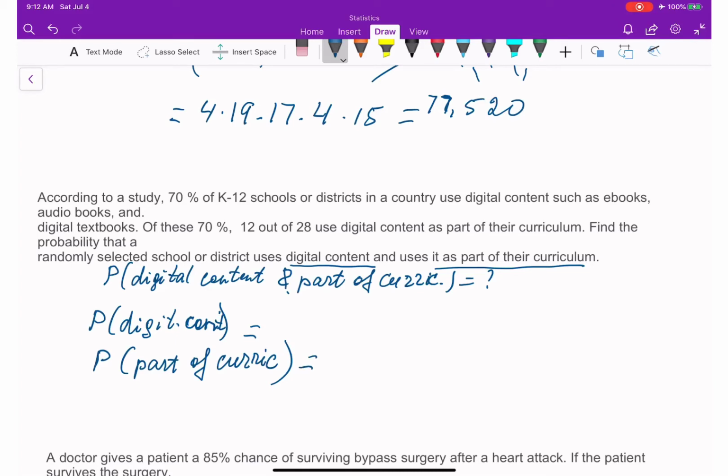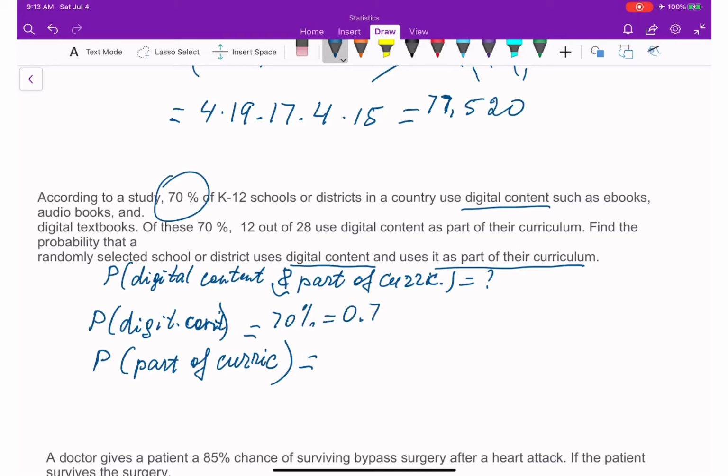Since we have "and", we're going to multiply. So how much is the probability of digital content? The study says 70% of districts in the county use digital content, so it's 70%, which is 0.7.